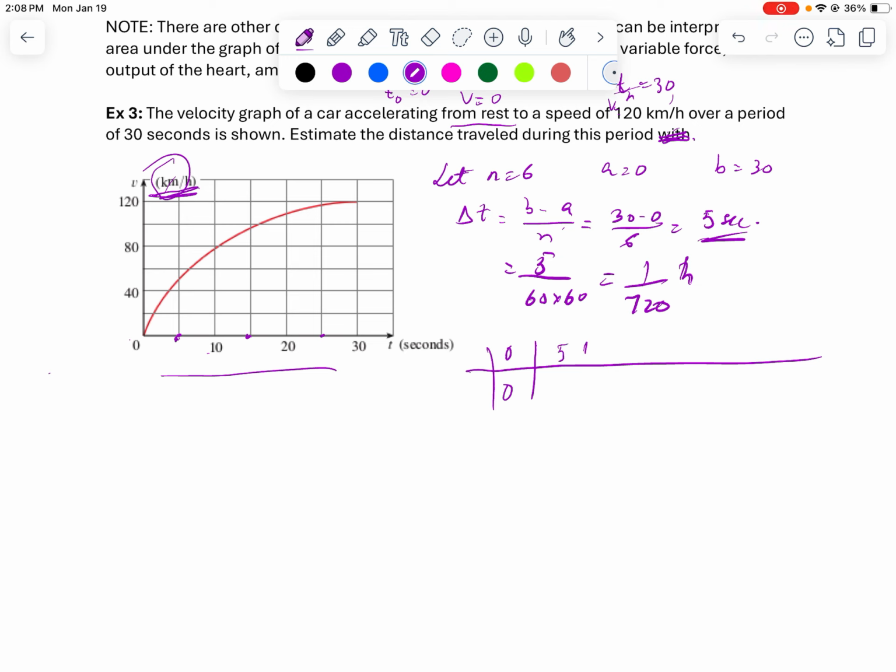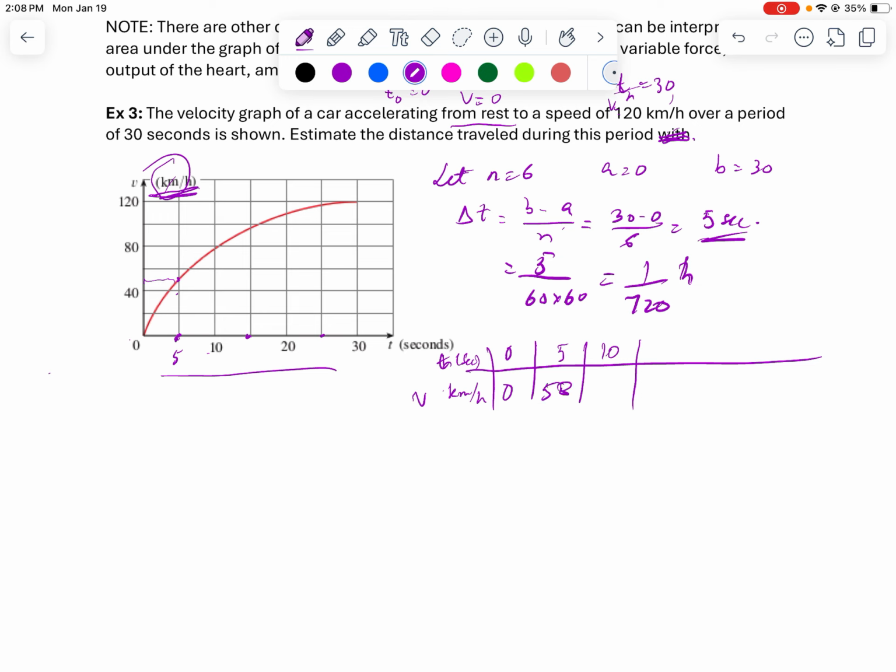At 5 the value is here. What is that? How will you read that? This is about 50. So I'll say 50. At 10, the value is over here. So what is that? Almost 80. Or if you want, 79, it's your choice. But if you write like 20 or 25, that will be wrong.